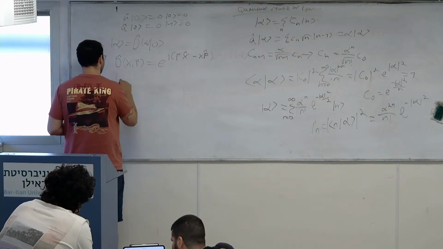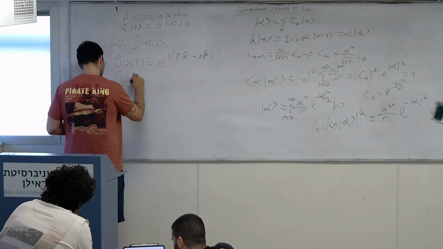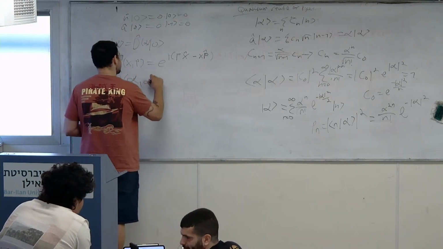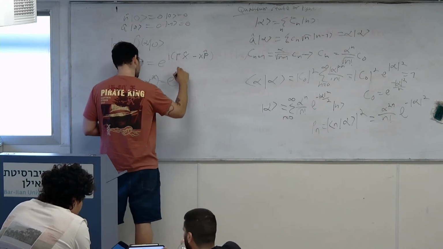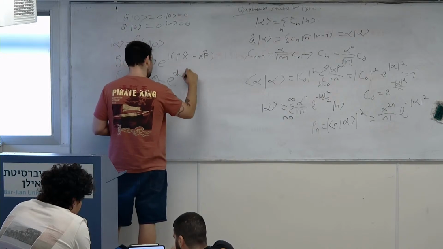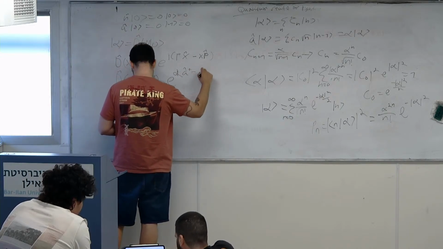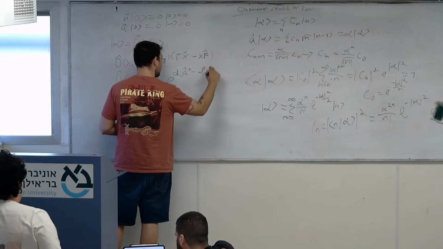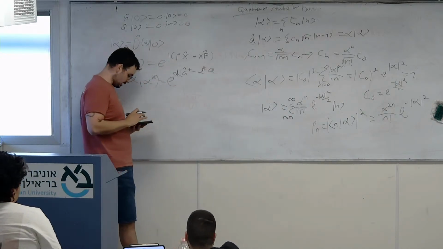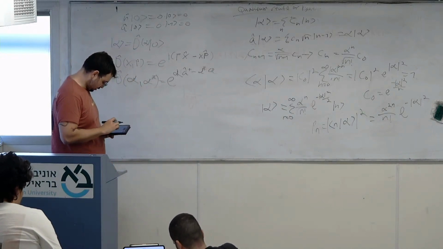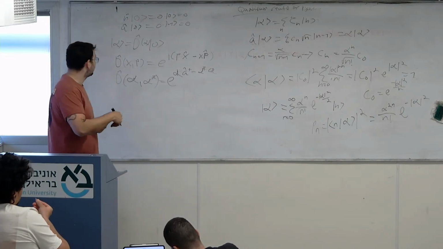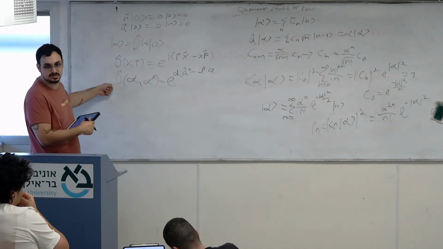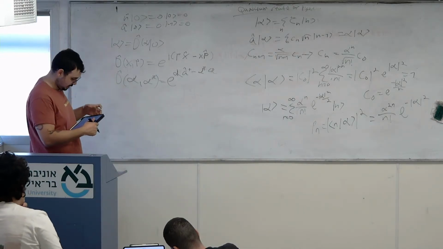And we can also define it in a much more sane writing, which is in the annihilation and creation operators: alpha a dagger minus conjugate alpha a. Now here comes the question. Oh no, there's no question. We do actually prove it. So let's try to prove that this one is a displacement operator. Right?